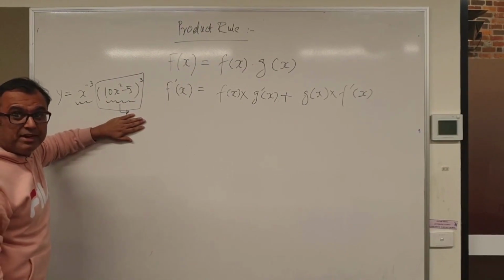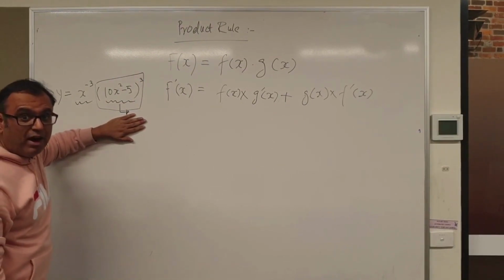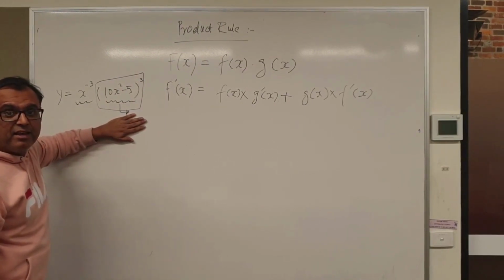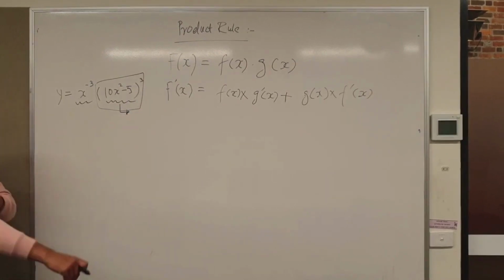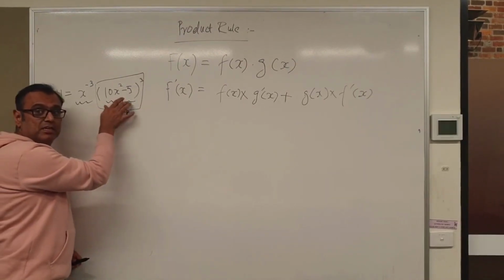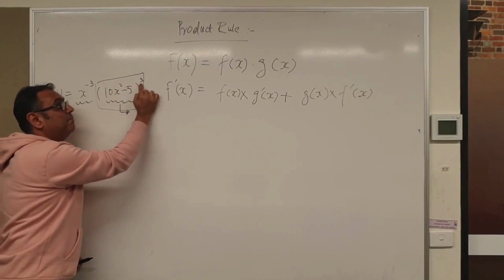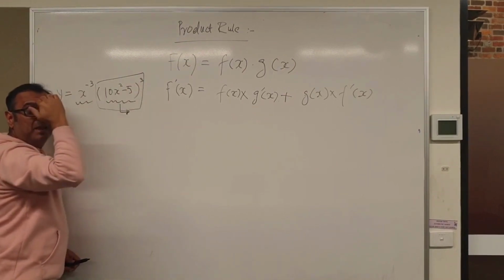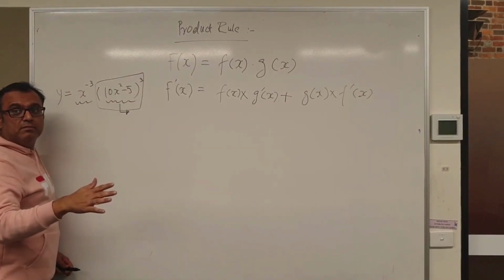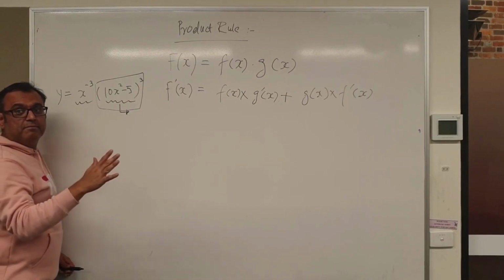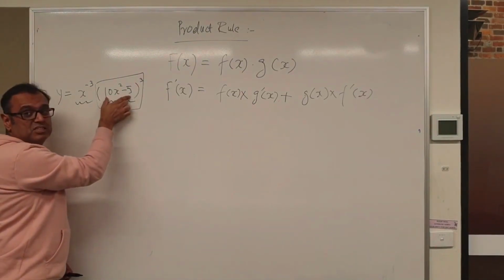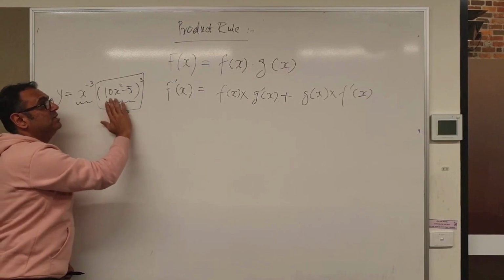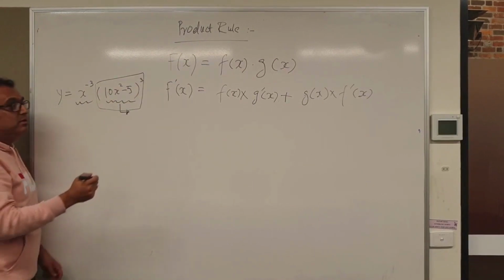Did that strike your mind? No. Why? I told you, whenever you have an expression encapsulated in a power, it is blindly chain rule. Blindly. Plug this in as another function, and then what was your chain rule?